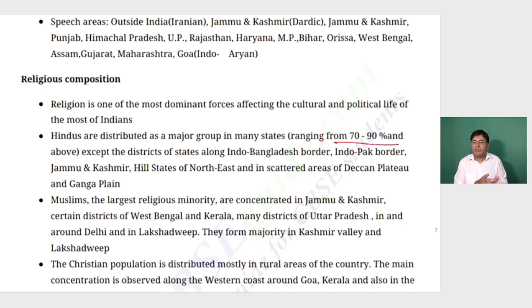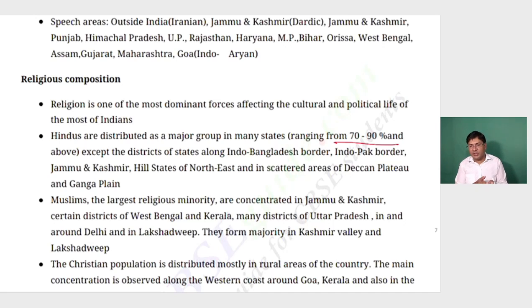There are exceptions: the districts of states along the Indo-Bangladesh border, the Indo-Pak border, Jammu and Kashmir, hill states of the northeast, and scattered areas of the Deccan Plateau and the Ganga Plains.